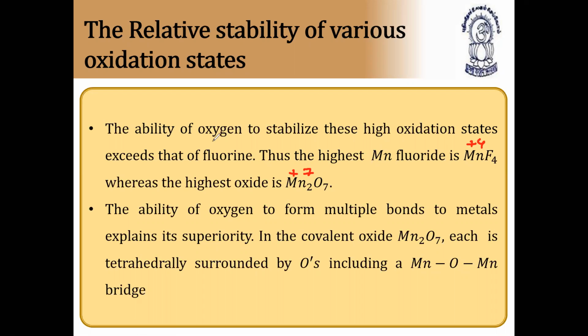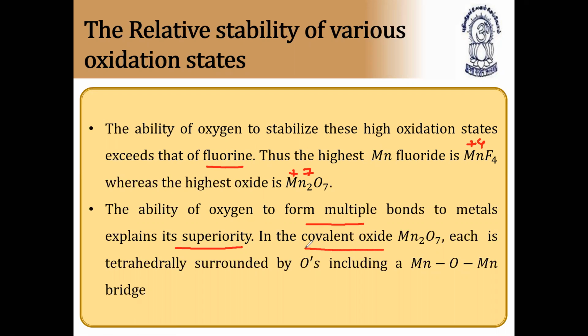Manganese can bond with only four fluorine atoms, whereas it can bond with seven oxygen atoms. The ability of oxygen to form multiple bonds to metals explains its superiority.